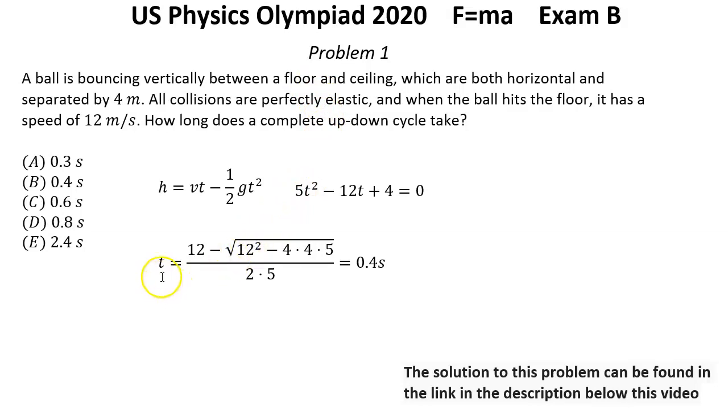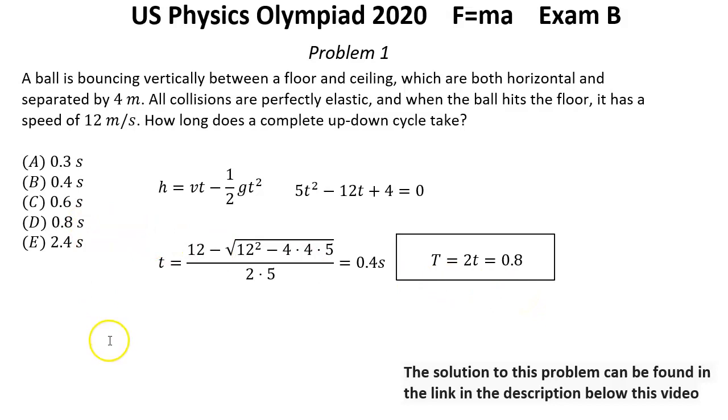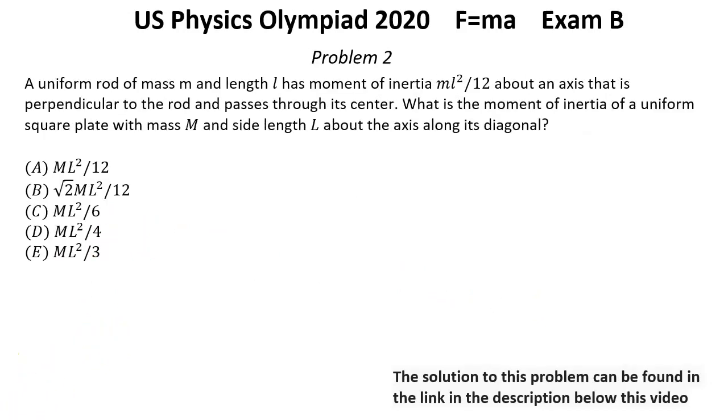So that will be exactly 1/2 of the total time, because due to symmetry it takes the same time to go from the ceiling to the floor. So finally we have total time equal 2t, or 0.8 seconds, which is answer D, and that was the solution for problem number 1.